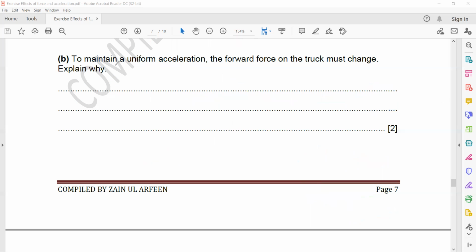So the simple question is that we want to maintain a uniform acceleration. Whenever we want a uniform or constant acceleration, we need a constant resultant force.